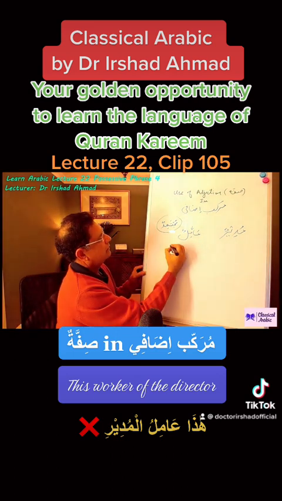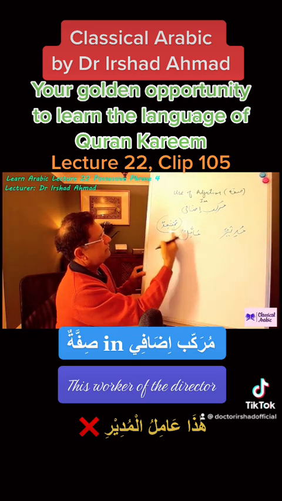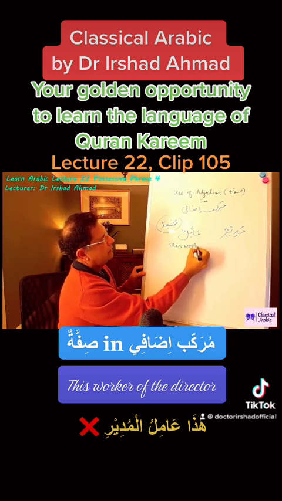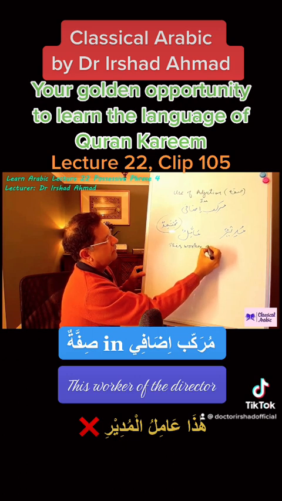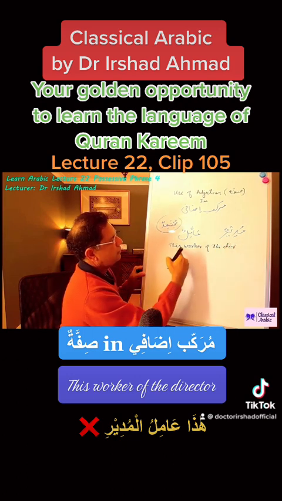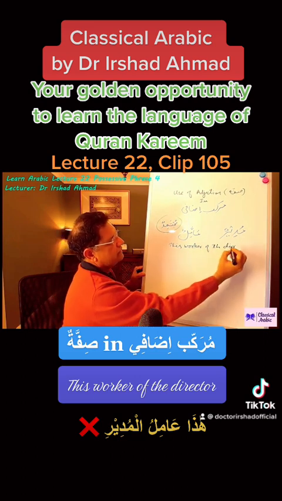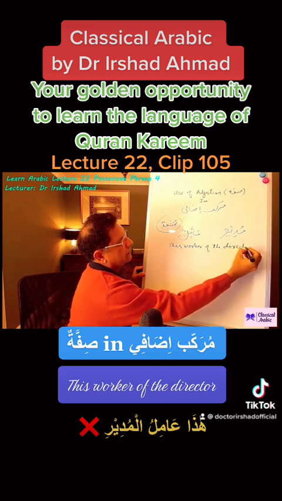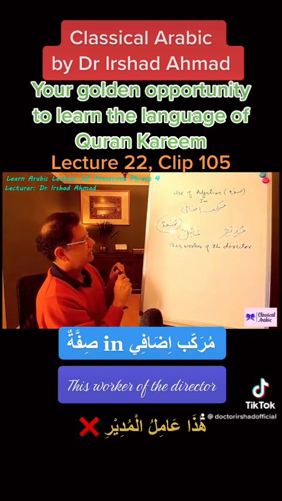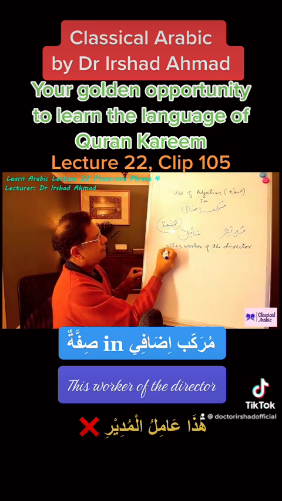The sifa is not there now. So we're pointing to the worker. Who is the worker? And this clearly we translate as haza. We know that. Haza.